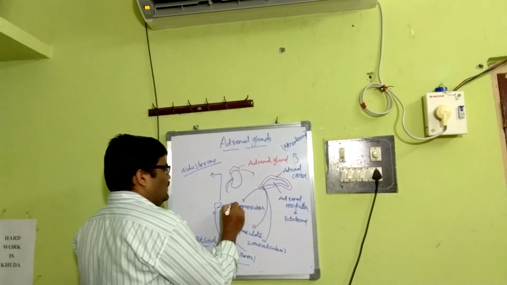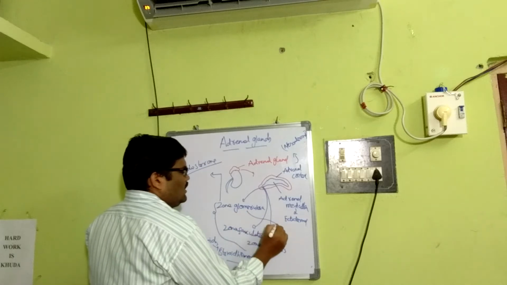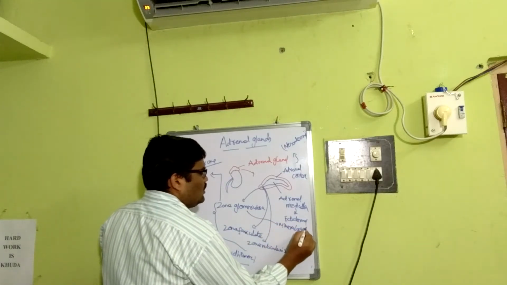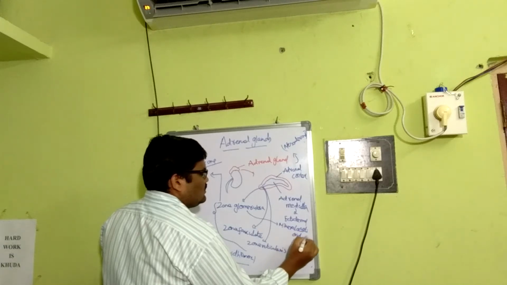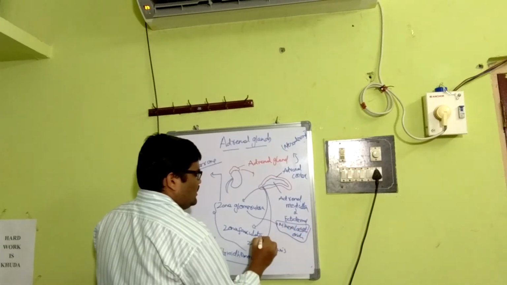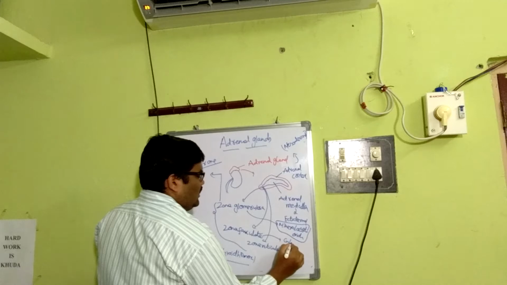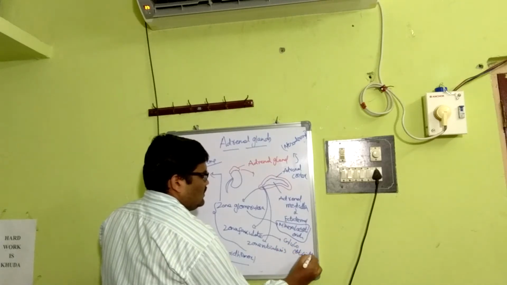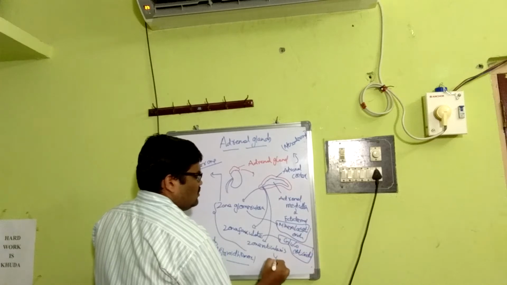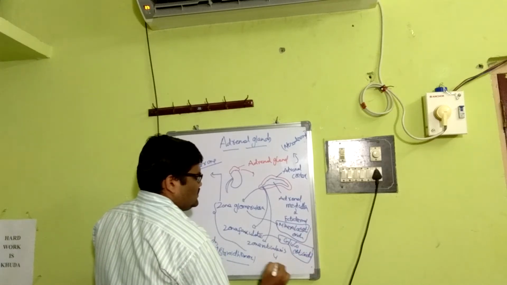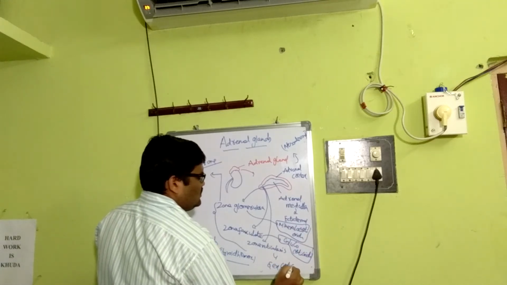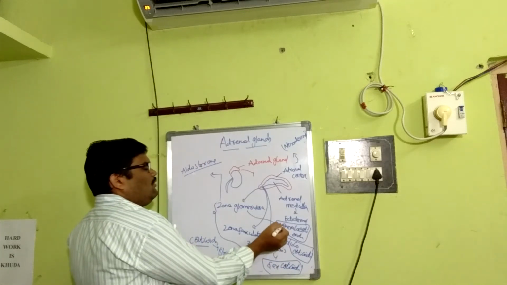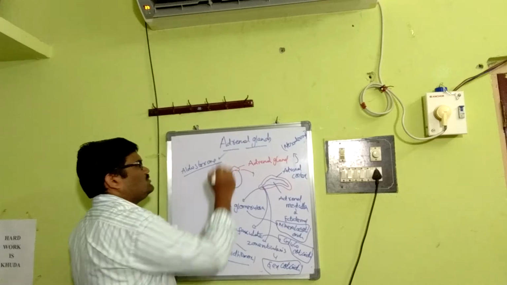Here the nature of the hormones is mineralocorticoids, whereas the zona fasciculata are known as glucocorticoids, and the zona reticularis are sex corticoids. The major important mineralocorticoid is aldosterone.